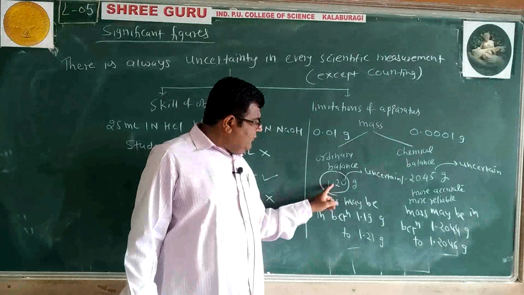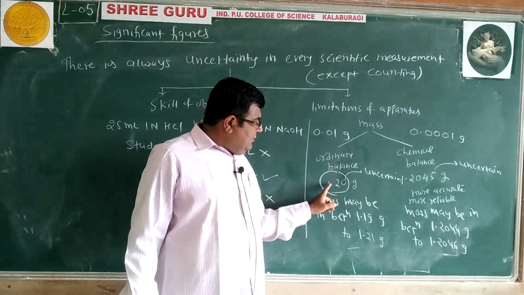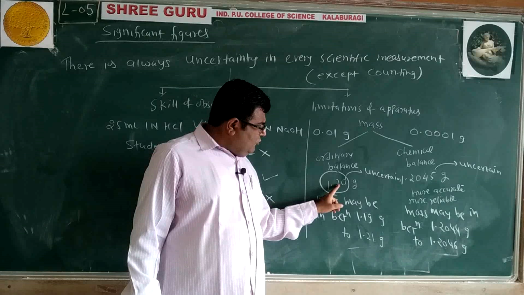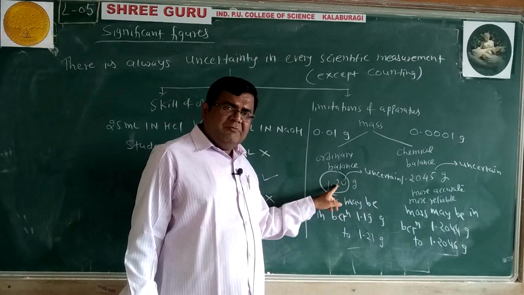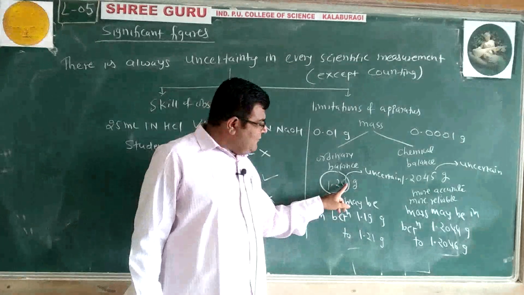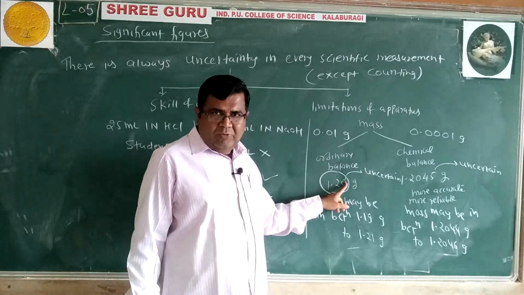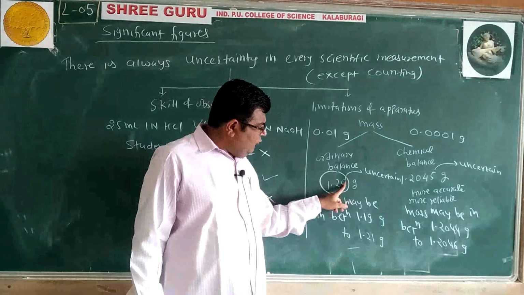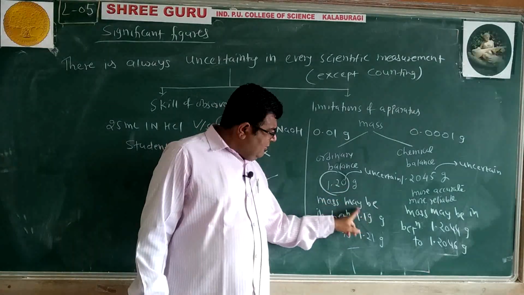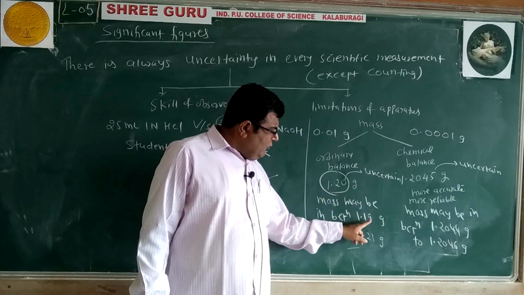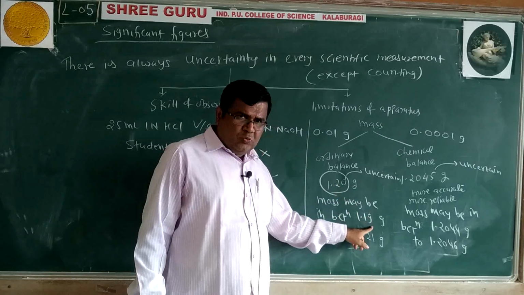And in these significant figures, there are 2 figures in this particular number which are certain, and the last one is doubtful. Why do we call it doubtful? Because it may be 1.20, it can be 1.19, or it can be 1.21.